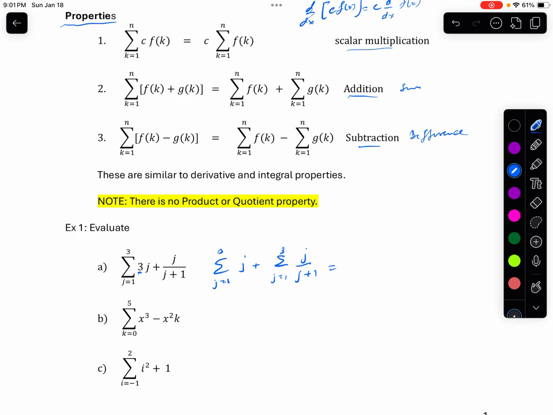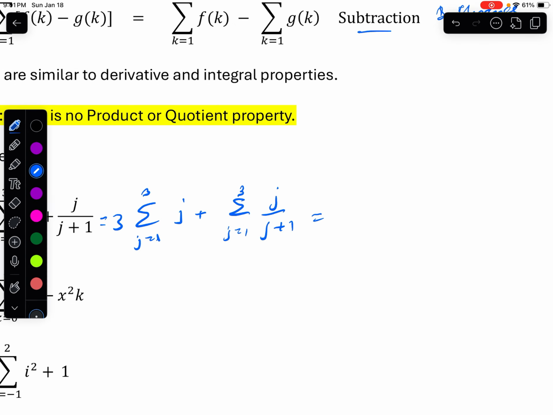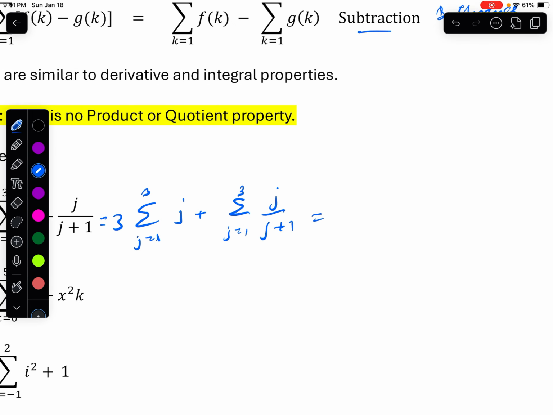So this is equal to 3 times this. Now I will plug in the values for the j. So the first value that j is taking is 1. So we are going from 1 to 3.